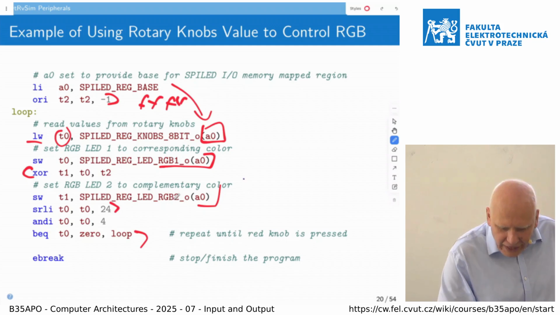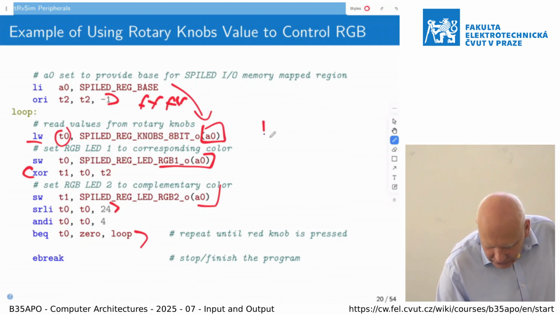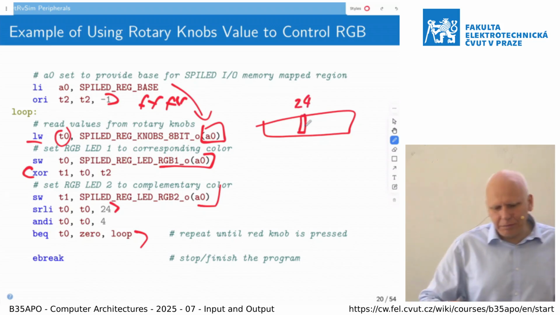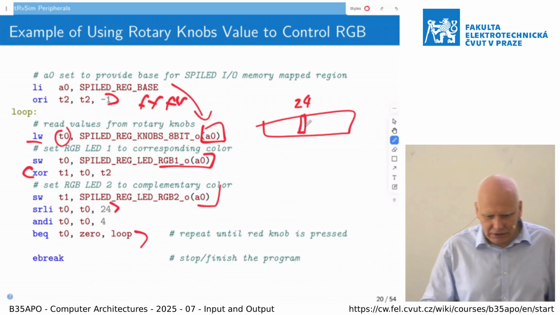So we read there the bit: we shift this register to the right, where at position 24 is the red button pressed indication.